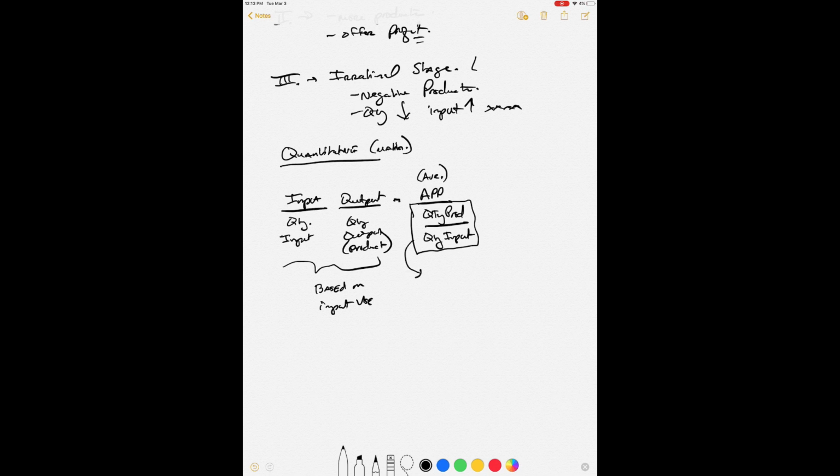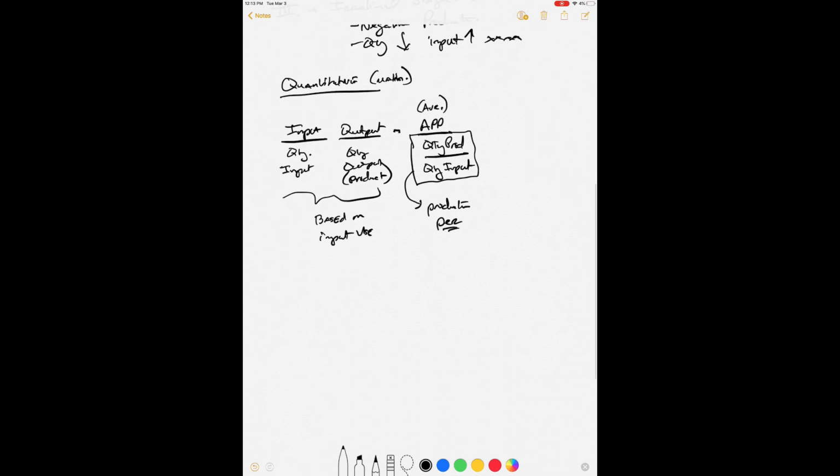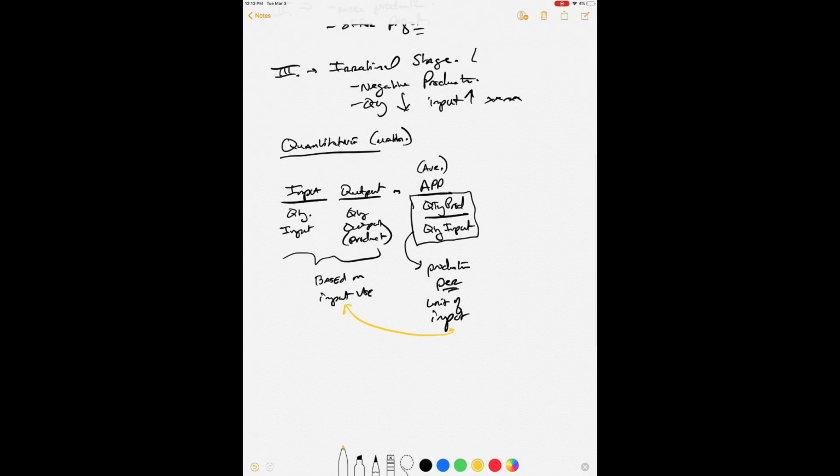So what does that tell you? Well, it tells you that the production that you have per, very important, per, it's being divided, per 1 unit of input. So 1 unit of input, or the unit of input, is what this is all based on. So for every fertilizer amount I put out there, ton, if that's the measure, what's the production? And that's the average. And it changes as we produce. Marginal is going to measure that change.